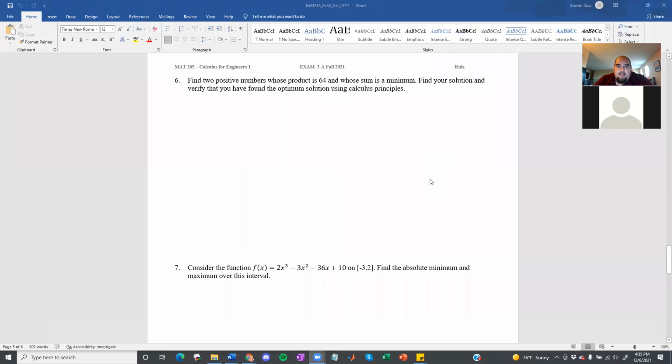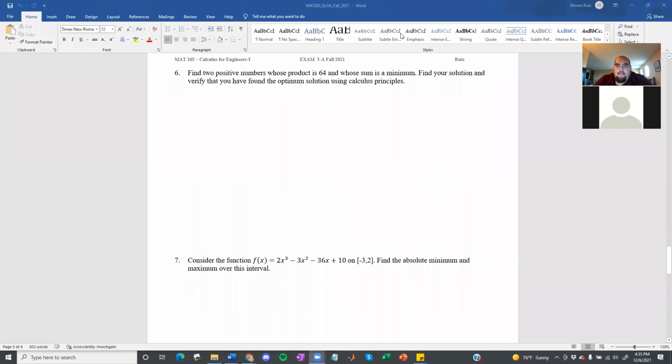Okay, so going on to number 6. The only reason I was able to get as far as I did in this one was because I remember this being a homework problem. AB is equal to 64 because it's the product, and whose sum is a minimum.